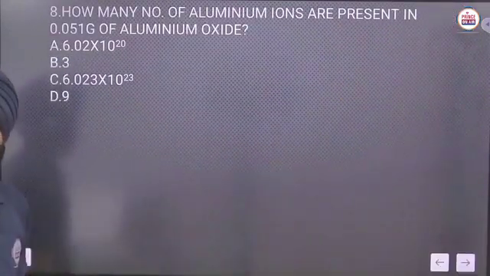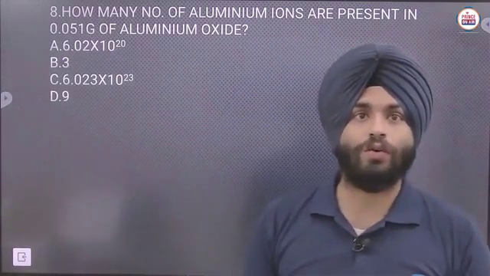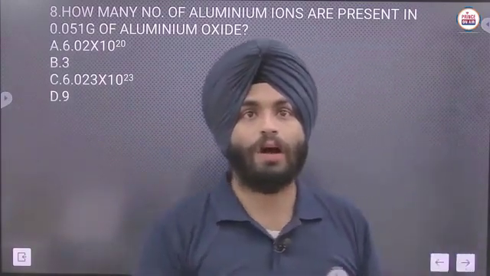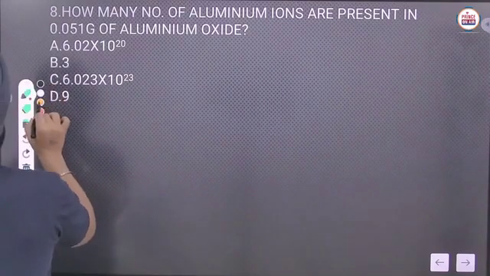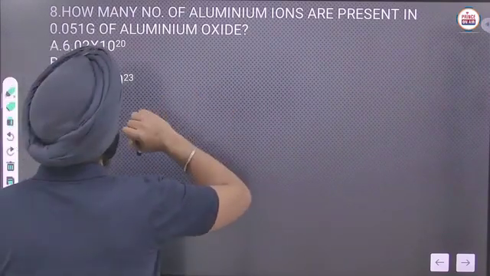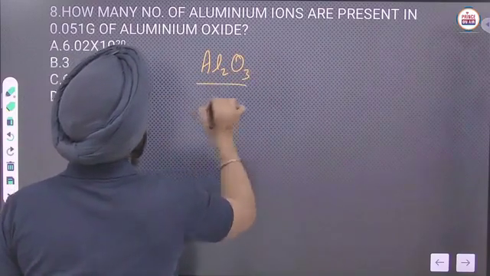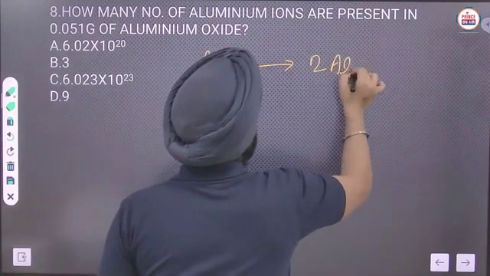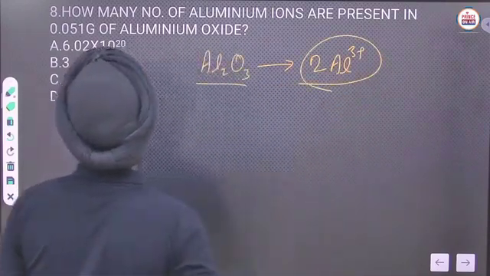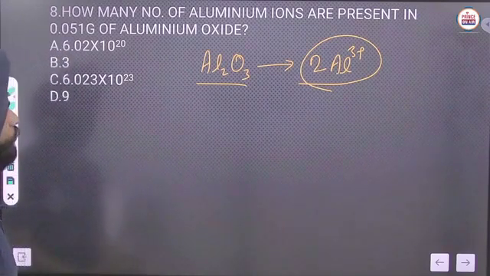Next is, how many aluminium ions are present in 0.051 gram of aluminium oxide? See this, aluminium oxide is Al2O3. One molecule will contain 2 Al3+ ions.